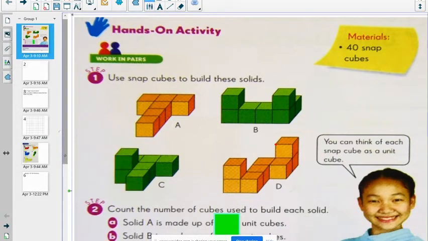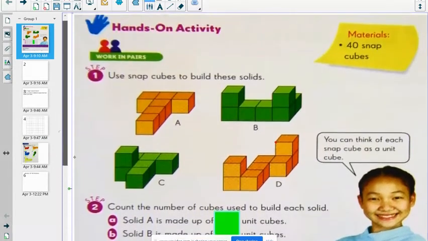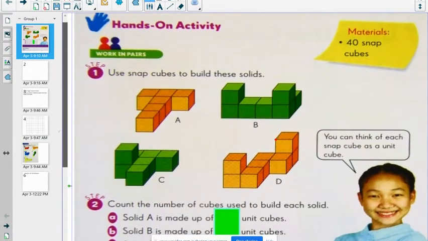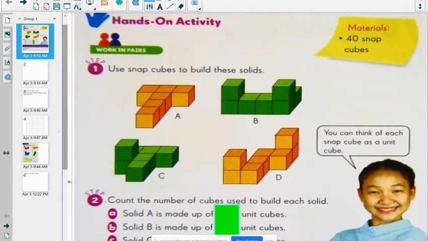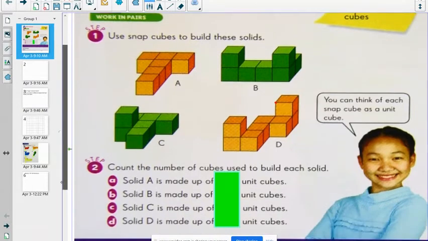So this first set of images here, take a look at these shapes and take a look at A and B and C and D, and you'll notice that in some of the shapes, there's some hidden blocks. They're a little bit difficult to see, or they're partially hidden. So I'm going to pause it right here.